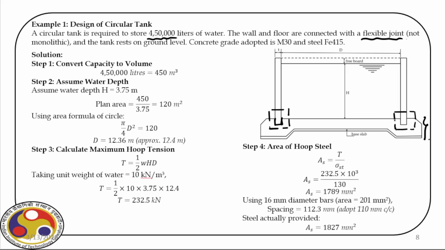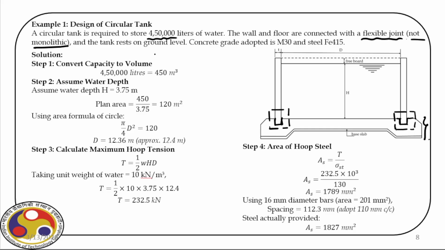Of course, it has to be watertight, there should be no leakage, and it should satisfactorily transfer the loads also. But the fact is, in this flexible joint, it is indeed not monolithic.